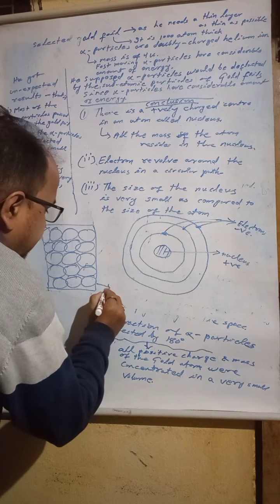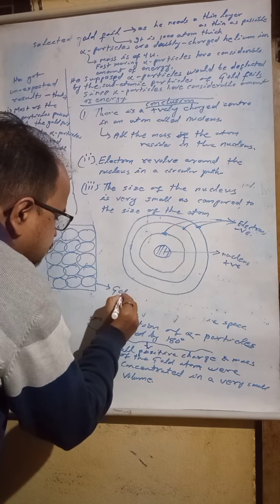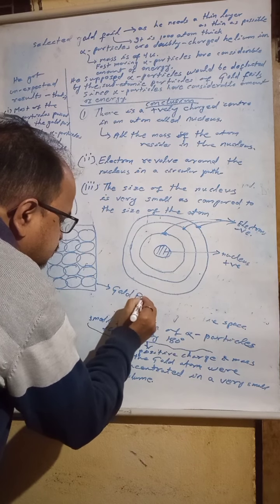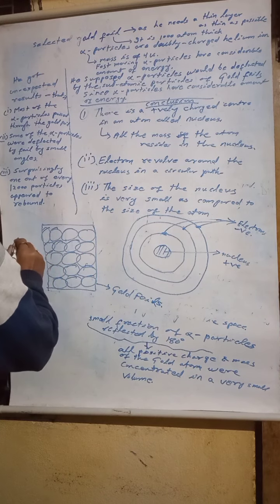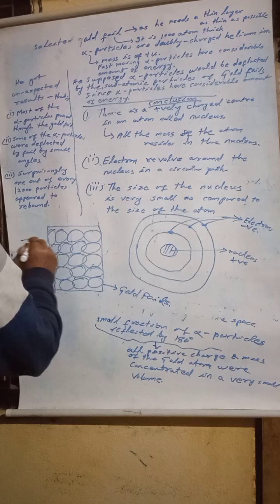This is the gold foil, and these are the alpha rays.